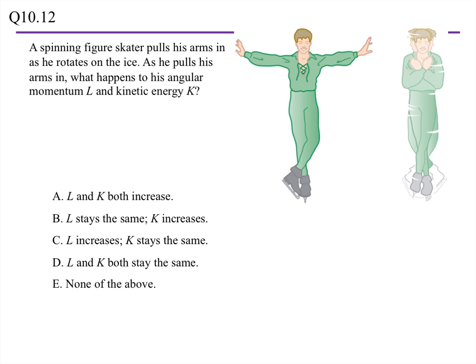Okay, so this is a really important question here, where we know that this skater has some initial moment of inertia and initial rotation rate. He's going to change his moment of inertia.